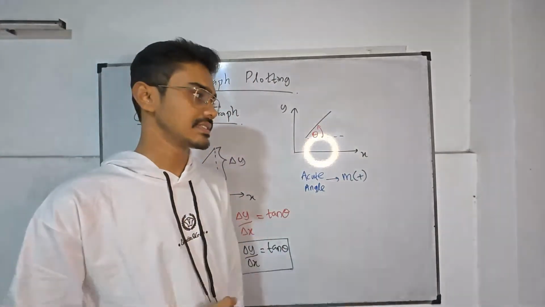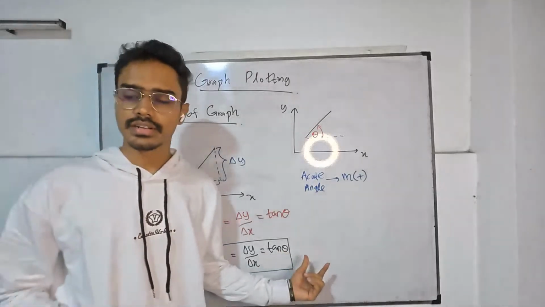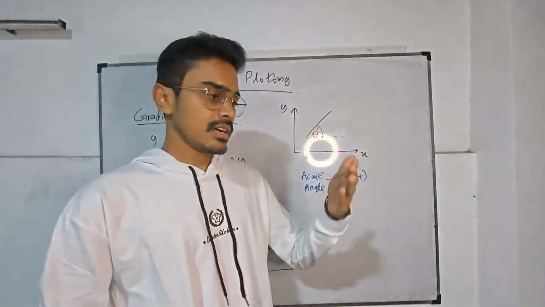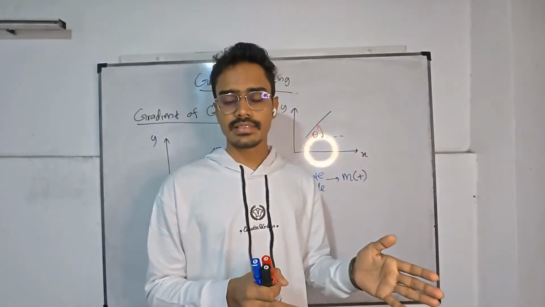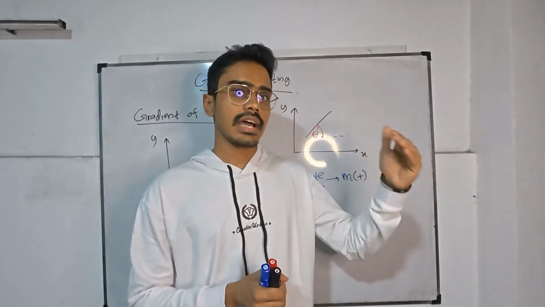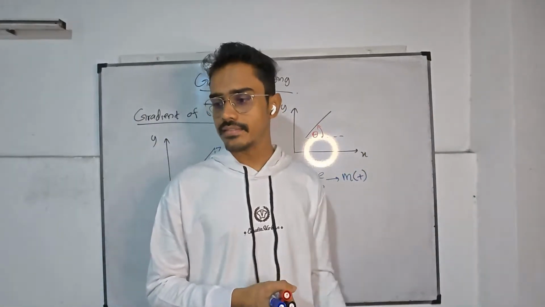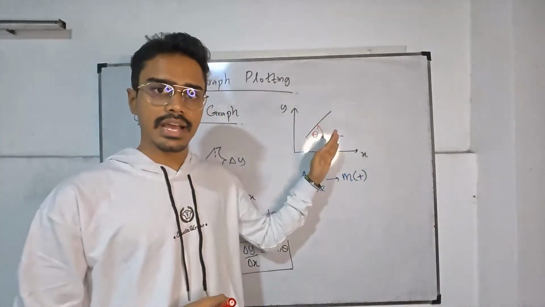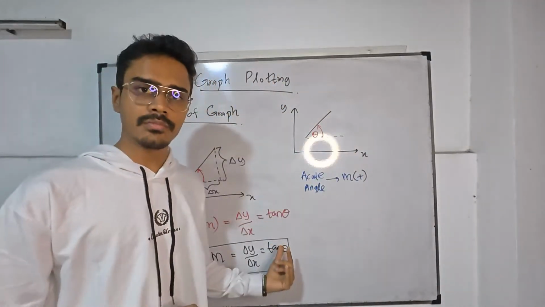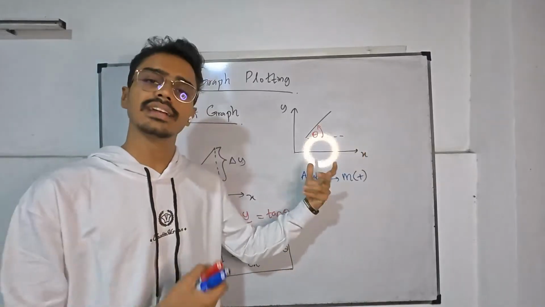The reason is this. Gradient is tan theta. Tan values from 0 to 90 are all positive values, and tan values from 90 to 180 are negative values. So if there is an acute angle, the tan value varies from 0 to 90, so the gradient is plus.